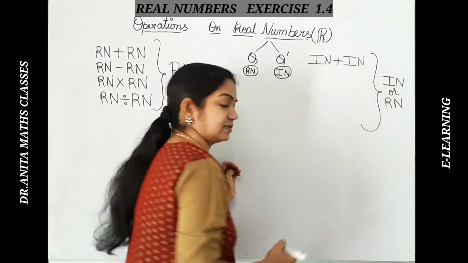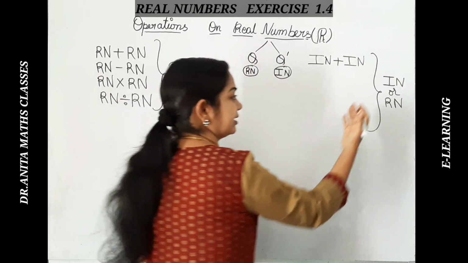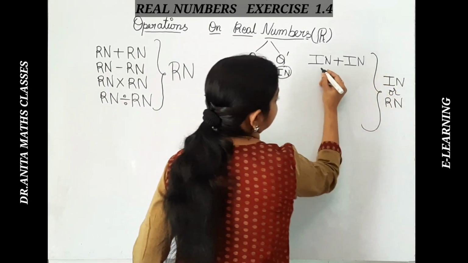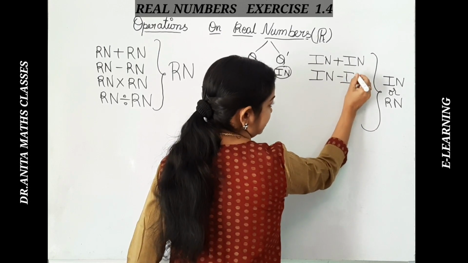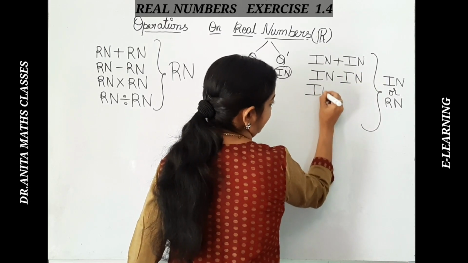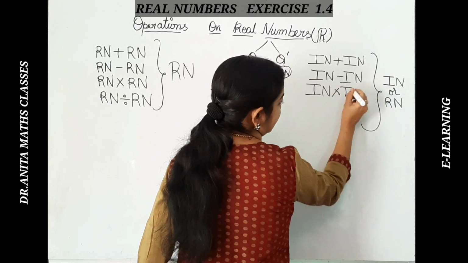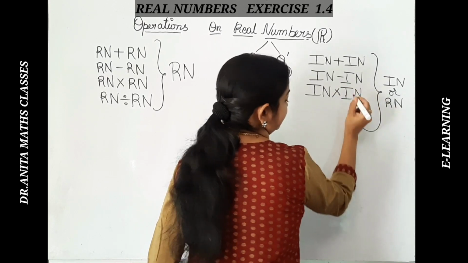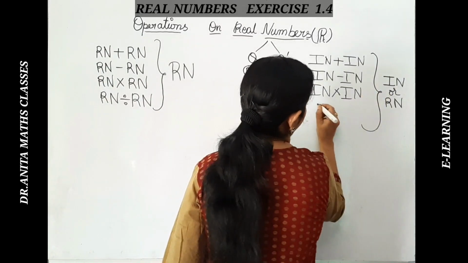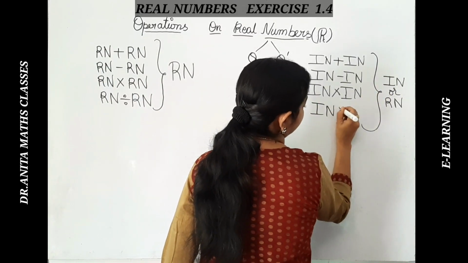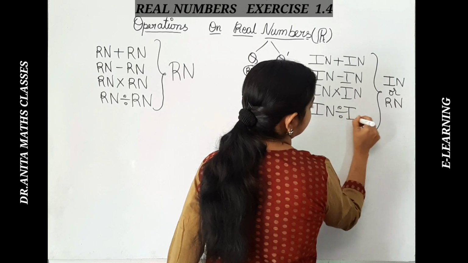So we cannot predict. The same is the case if you take a subtraction, and if you also multiply two irrational numbers, we may get rational or we may get irrational, right? And also for the division operation, you get the same thing.